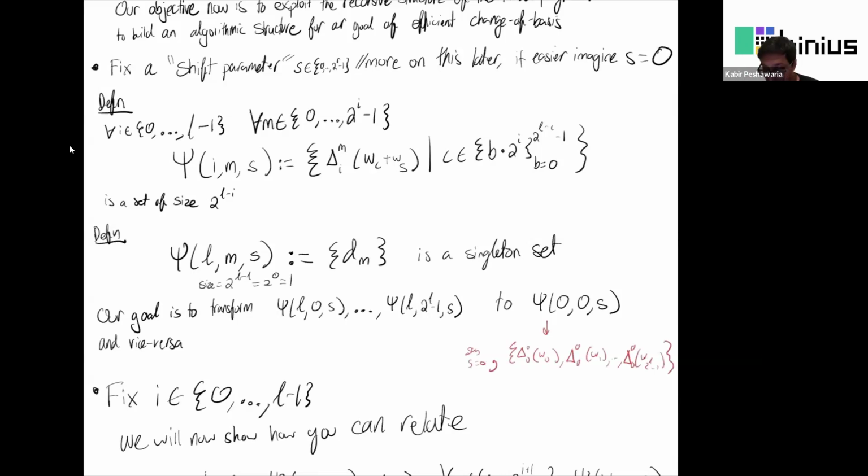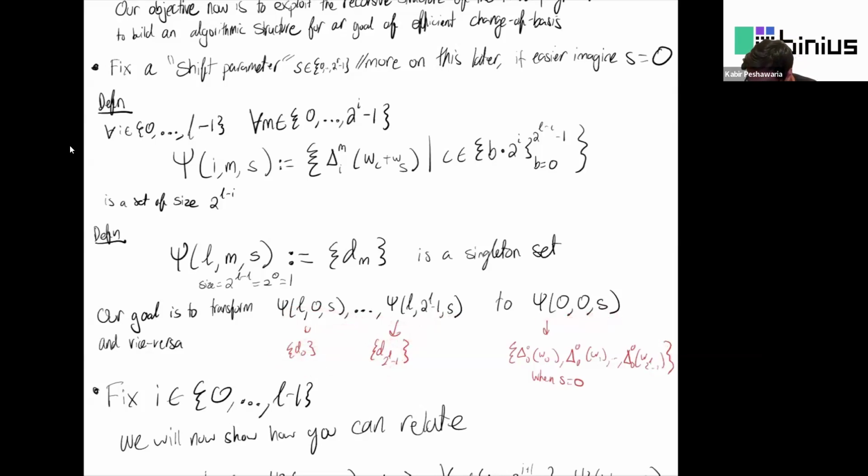It's going to be this set. And just for clarity, I'll say this is D0, this is D2 to the L minus 1, when S equals 0.